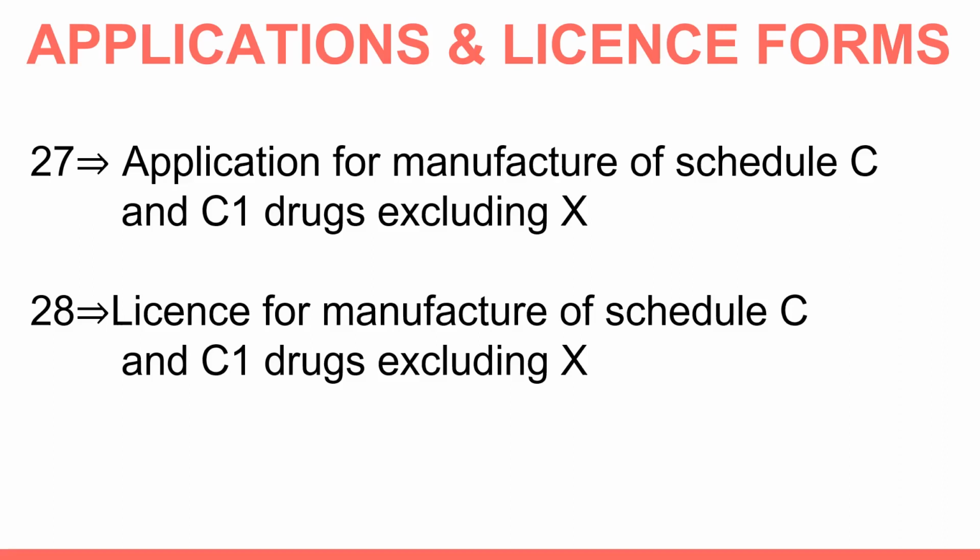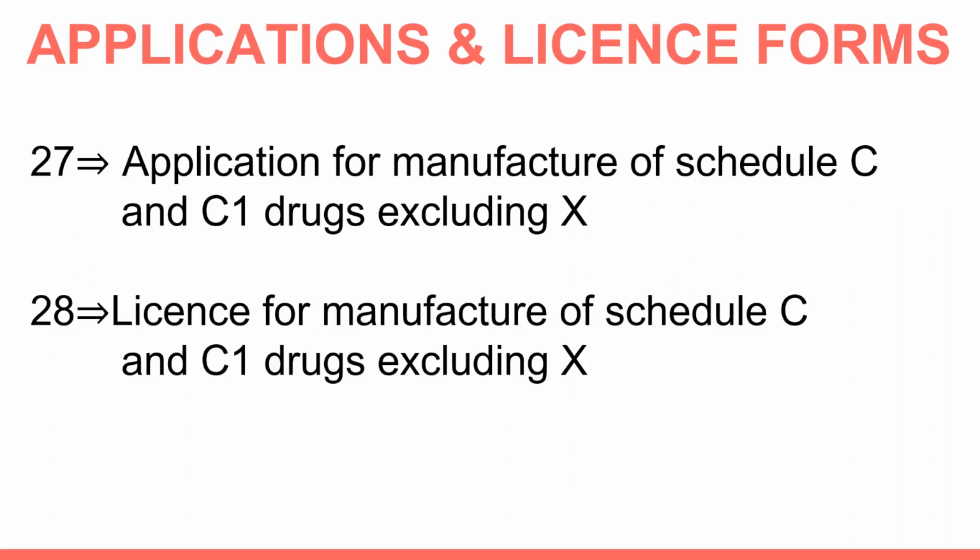You can learn these form numbers in the pattern. That is, if you submit an application in form number 24, you will get the license in form number 25. If it is only 24, then it will be the case of normal drugs. If it is 24A, it will be the case of loan license. And if it is 24B, it will be the case of repacking license.